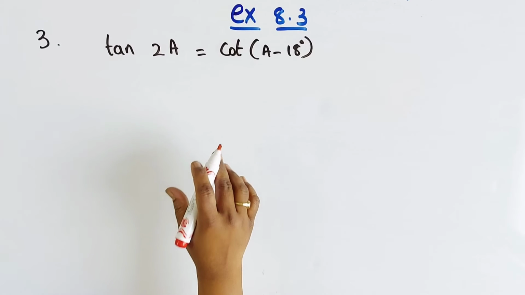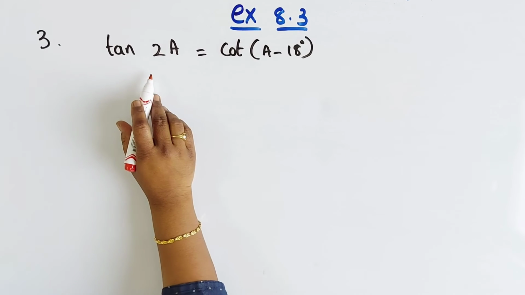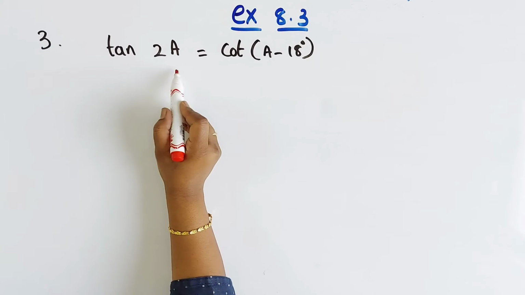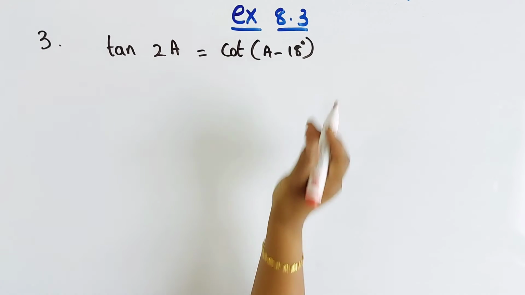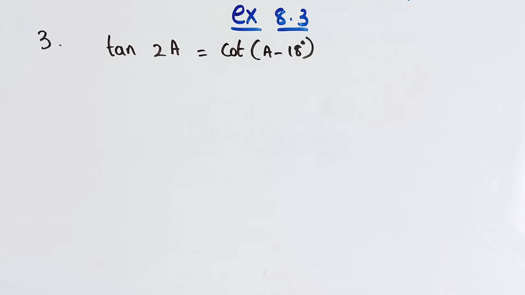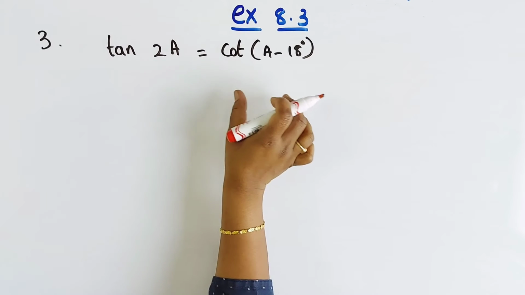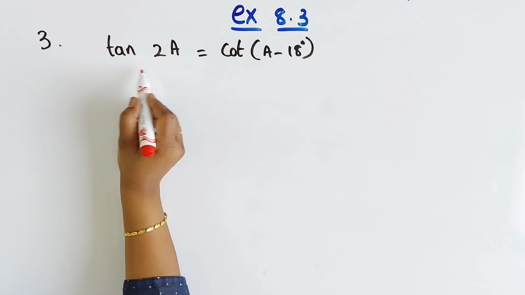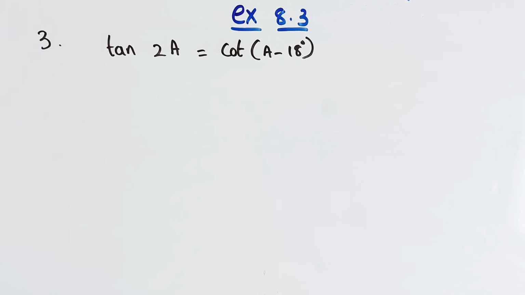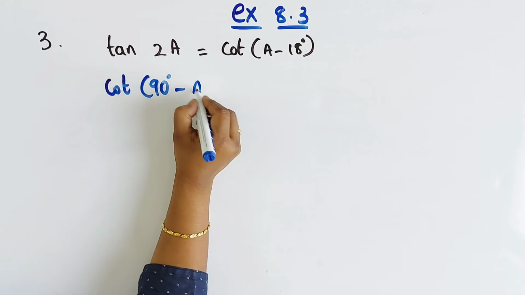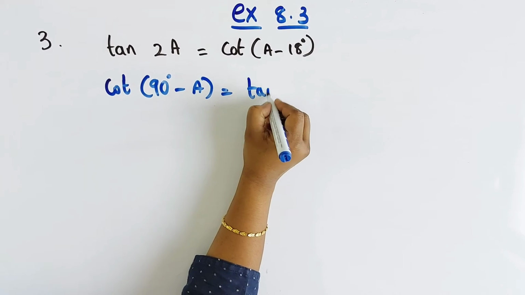Now see question 3, children. If tan 2a equals cot(a minus 18 degrees), where 2a is an acute angle, find the value of a. Right? Here tan 2a is given and here cot(a minus 18) is given. So let us change this tan into cot. What is the formula, children? Cot(90 minus a), we know, equals tan a.